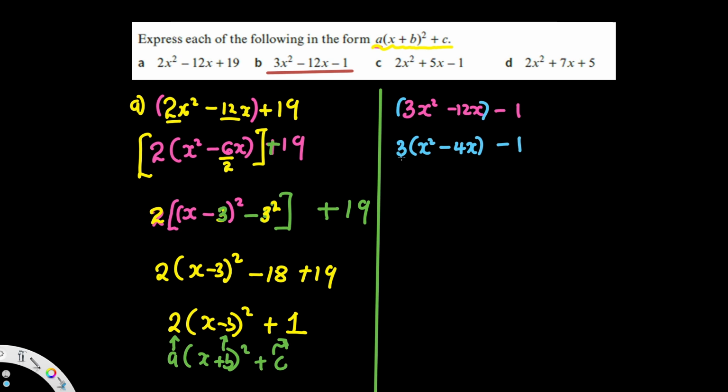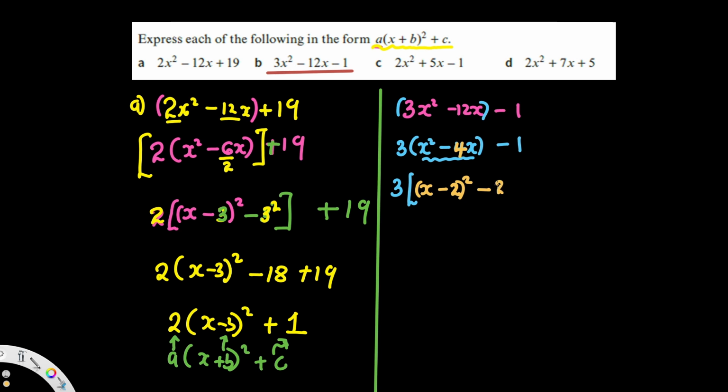Once we have done that, I want to introduce a bracket, then I'll complete the square of this. So half of 4 here is going to be 2. So this is going to be x minus 2. Then I'll square that, but as always in the completing the square method, we're going to subtract the square of what is inside the bracket.